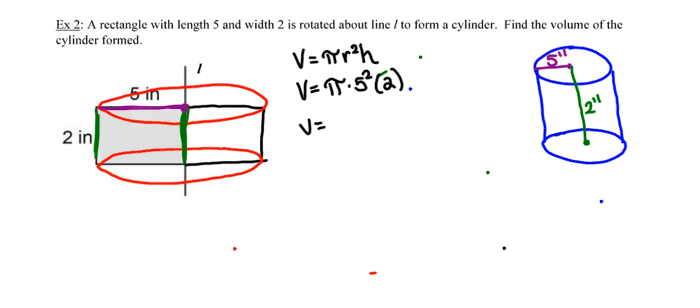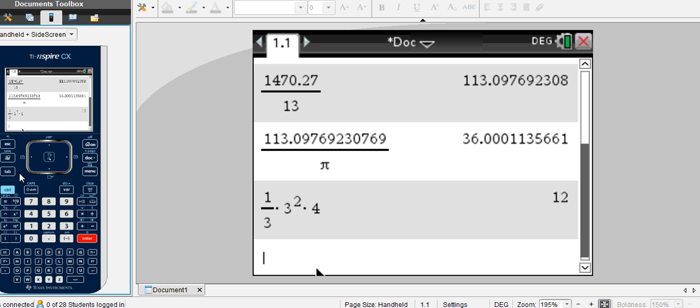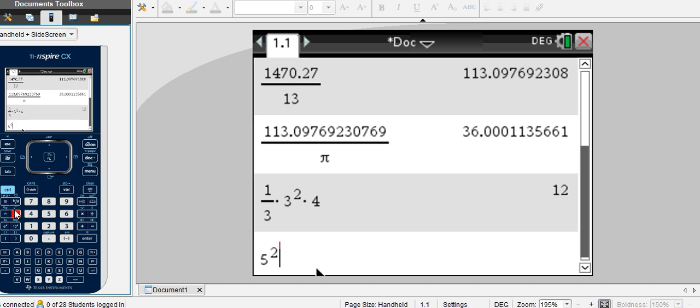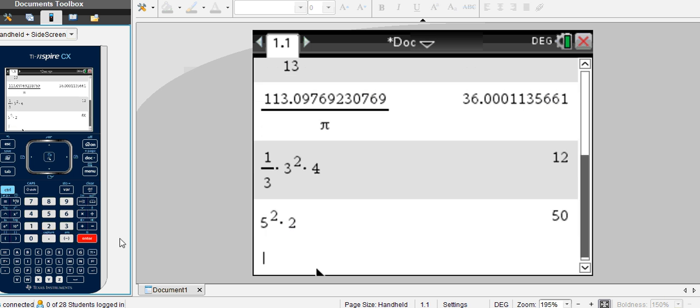I'm going to once again go running for my calculator and plug into that formula the rational factors. So when I get my calculator out and I type 5 squared times 2, my calculator tells me 50.